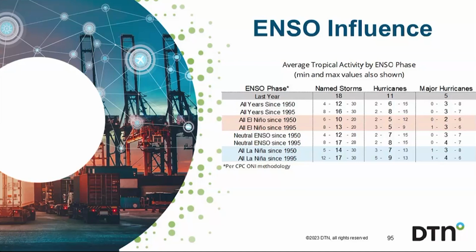That's because during El Nino, there's generally more wind shear across the Atlantic, so fewer chances of developments. But this year, of course, we're in neutral ENSO, so that's more favorable for developments.